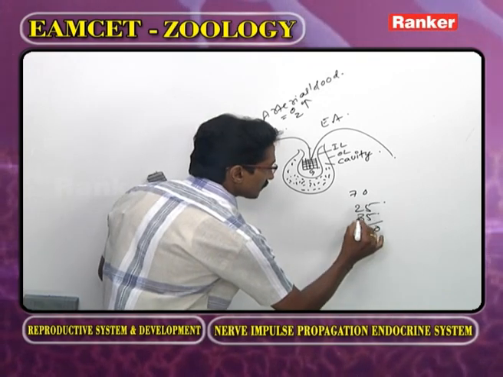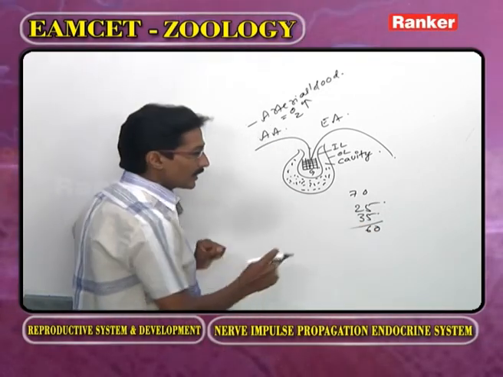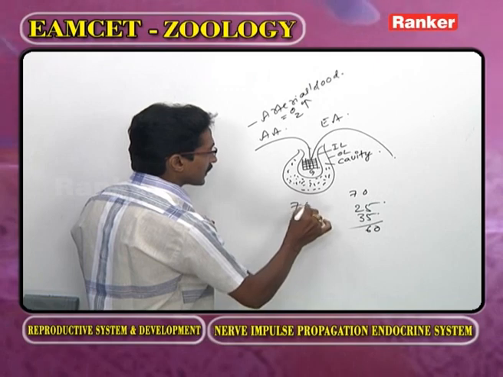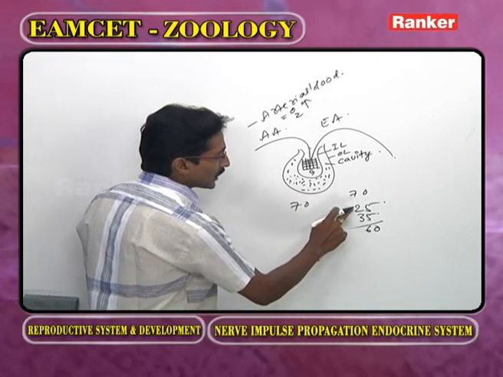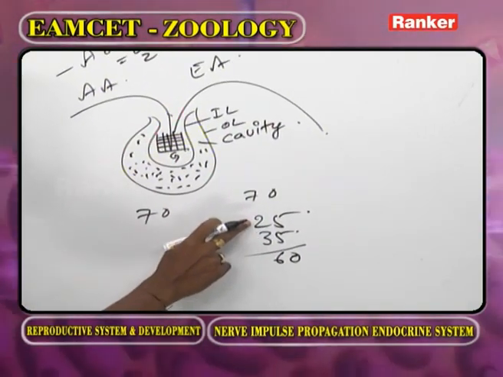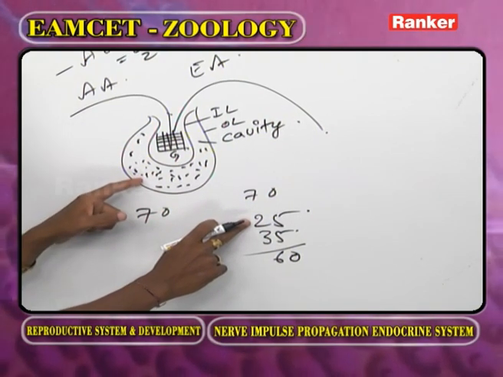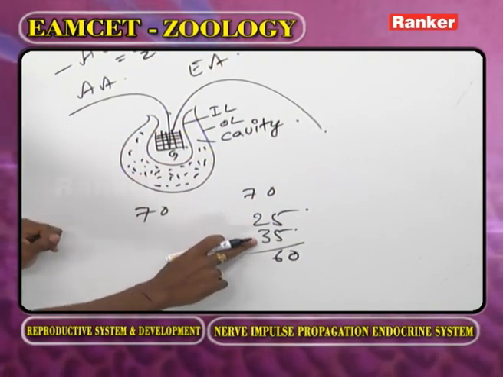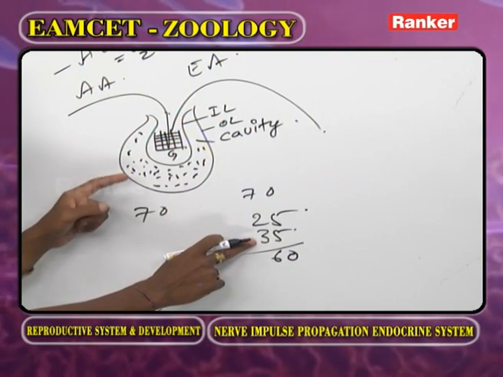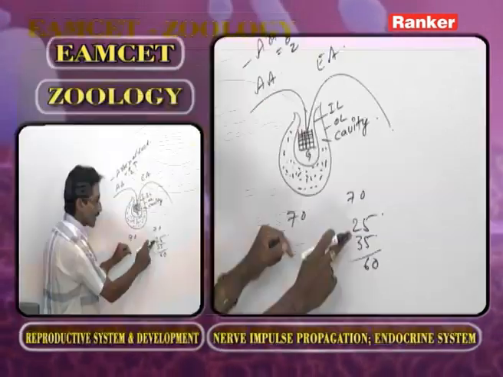Now we are getting 60. What is the hydrostatic pressure? 70. Now 25 plus 35. Here what is the 25? Capsular pressure. What is the 35? That is the osmotic colloidal pressure of blood.